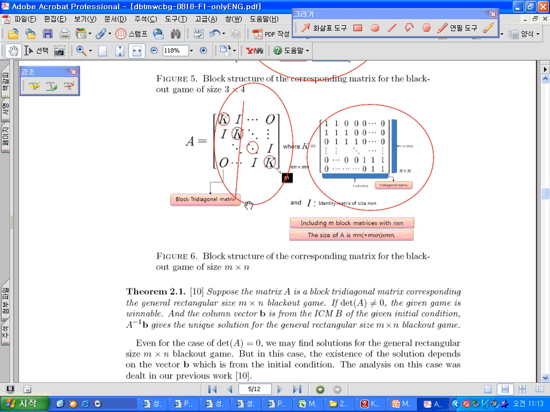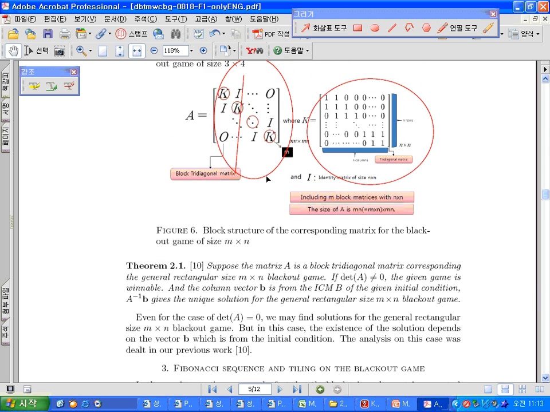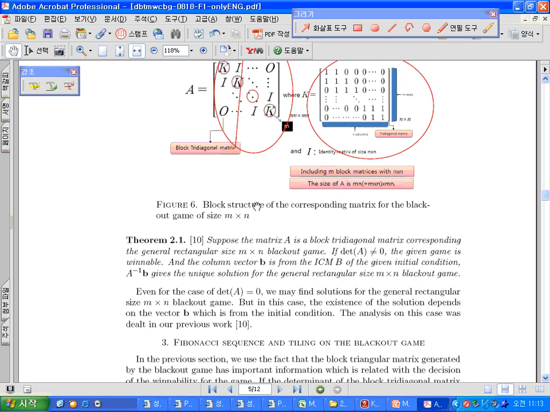So we want to know all properties of this block matrix A. Okay, so we try to do it. That's why we found the patterns that you saw. That has 2 patterns for the singularity and non-singularity.